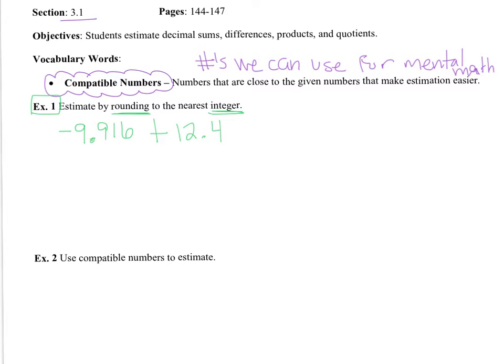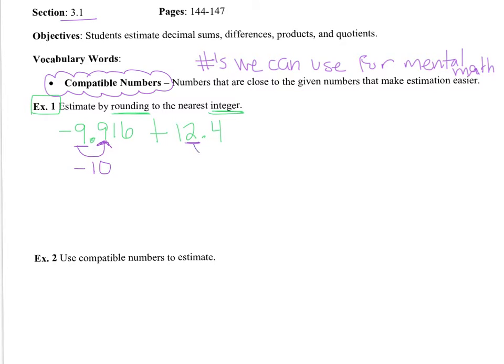So I have two integers here, and it says to round to the nearest integer. So when I do that, I'm going to look at my ones place value and then look behind it. So if I'm rounding negative 9 and 9 tenths, that's really close to negative 10, because that 9 tells me to round up. So negative 10 over here.